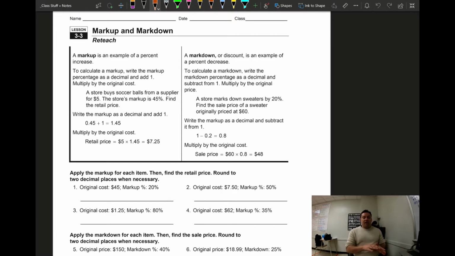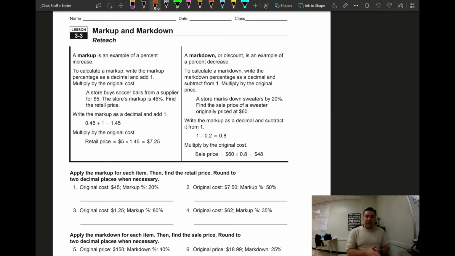Now, markdown, on the other hand, is a little bit different. Markdown is a discount. So whenever you go to any store, many times you can see things that say 30% off, 50% off. On Black Friday deals, you can see up to 70% off, 90% off, whatever the case may be, but those are discounts.